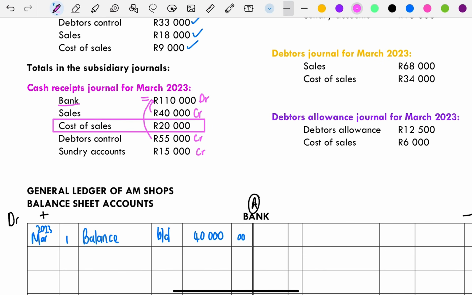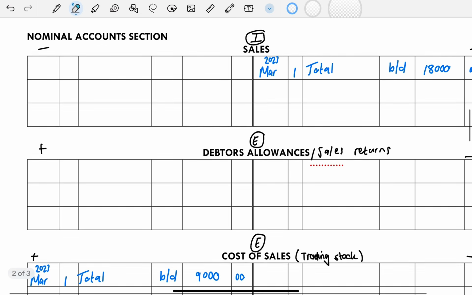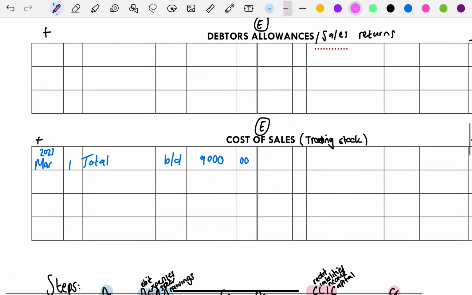That money is included in bank. And same with sundry, that would be the rent income, the capital, and so forth. So those 3 things, sales, debtors control, and sundry, those amounts are received in cash and went to the bank. However, the cost of sales, as I said earlier, always relates to trading stock.